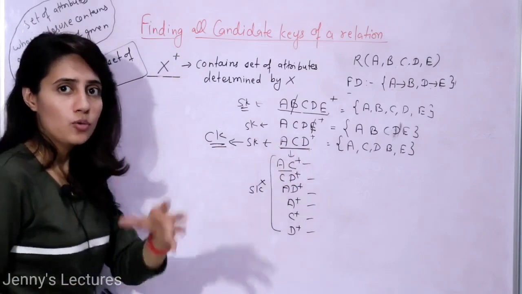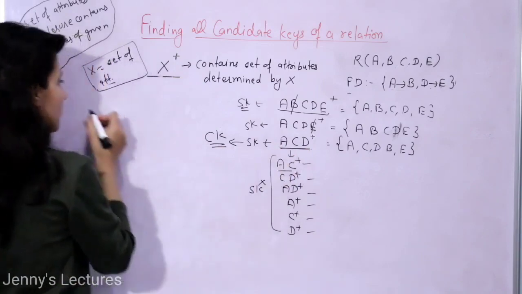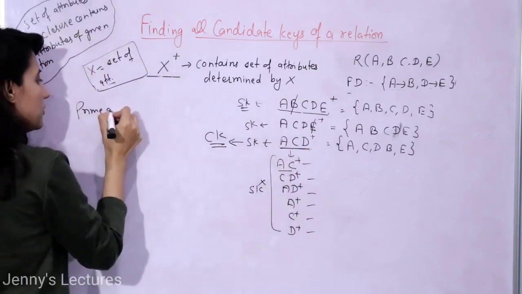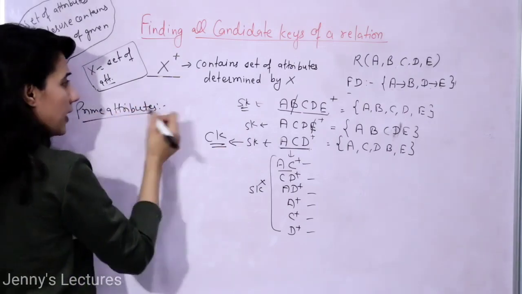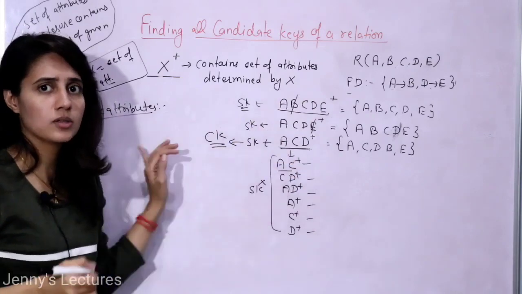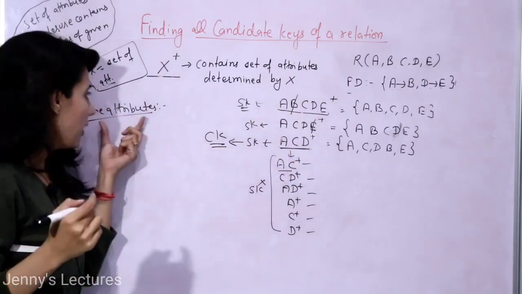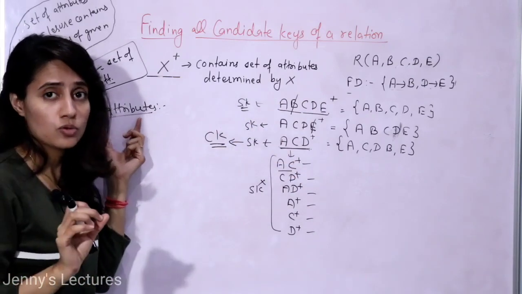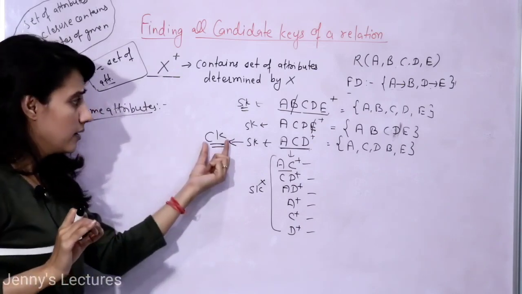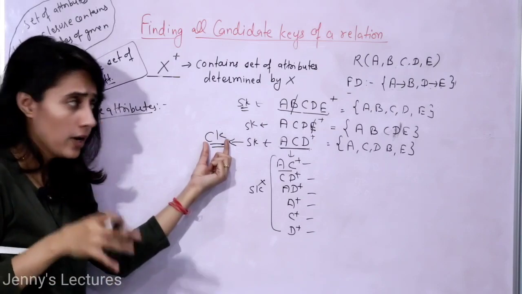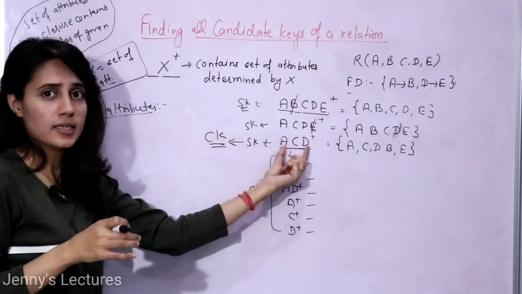Now here one more term is there, that is prime attributes. Sometimes they can ask you: tell me the candidate key, the number of candidate keys, as well as what the prime attributes are. So prime attributes are those attributes which are part of a candidate key. At this point of time, I have only one candidate key, that is ACD, right?